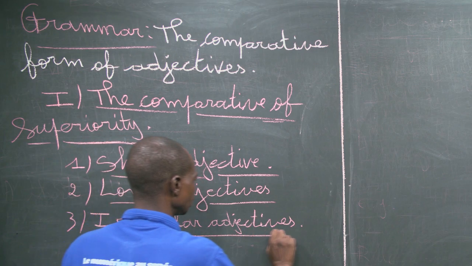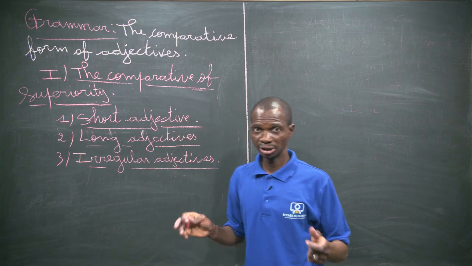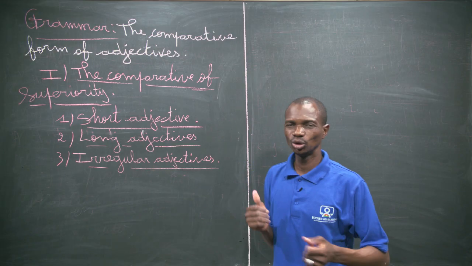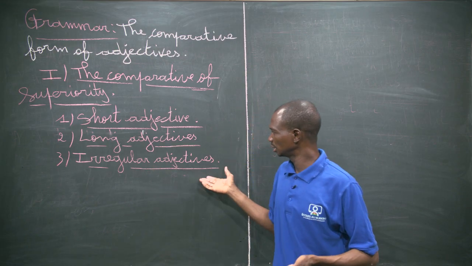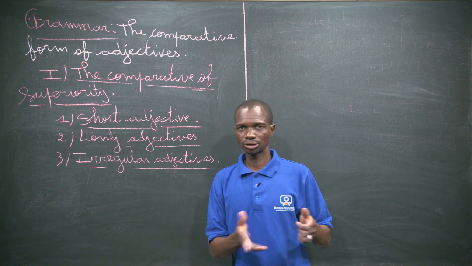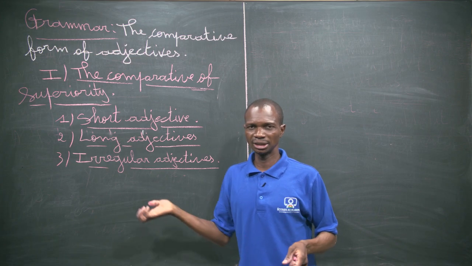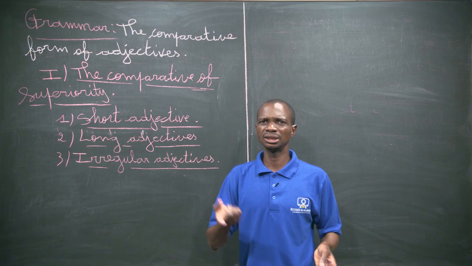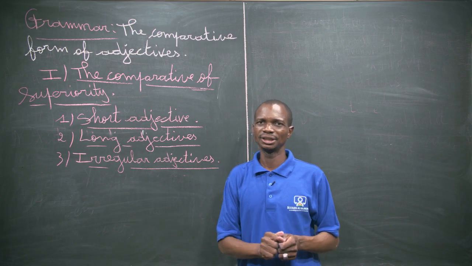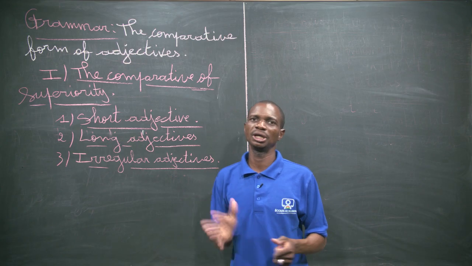Why irregular adjectives? Here it is like the irregular verbs. It doesn't respect the rule of formation. That's why we talk about irregular adjectives. It's the comparative of superiority, but we can remark that it would be a short adjective, but it doesn't obey the rule of formation with short adjectives. That's why we talk about irregular adjectives, and we have to learn them by heart.